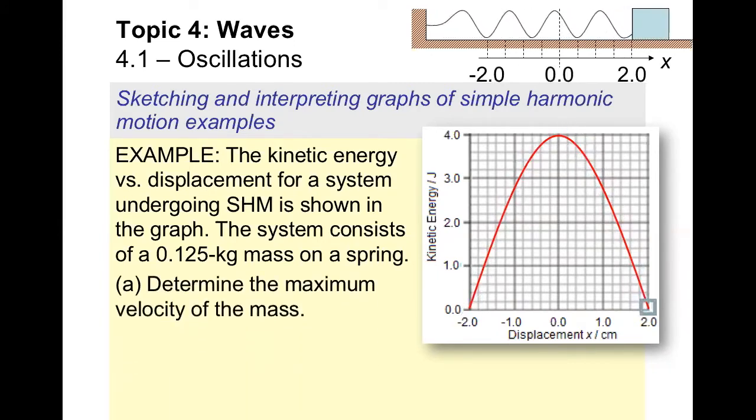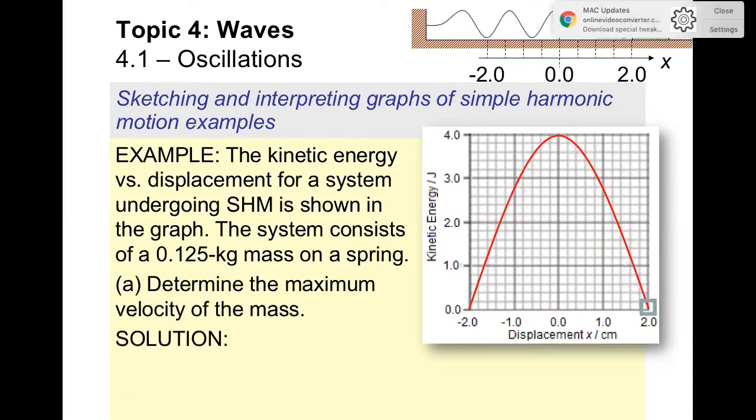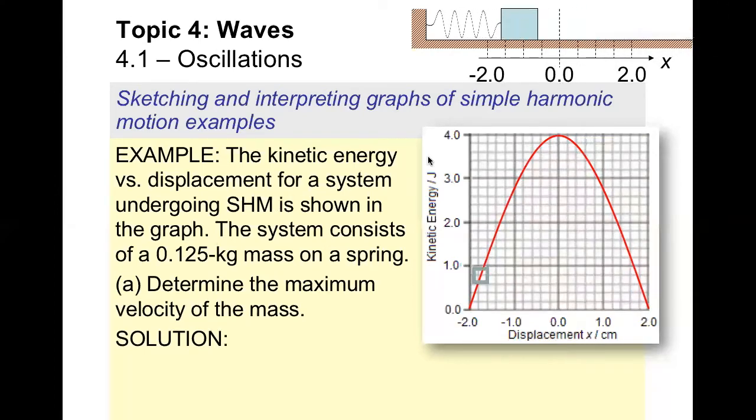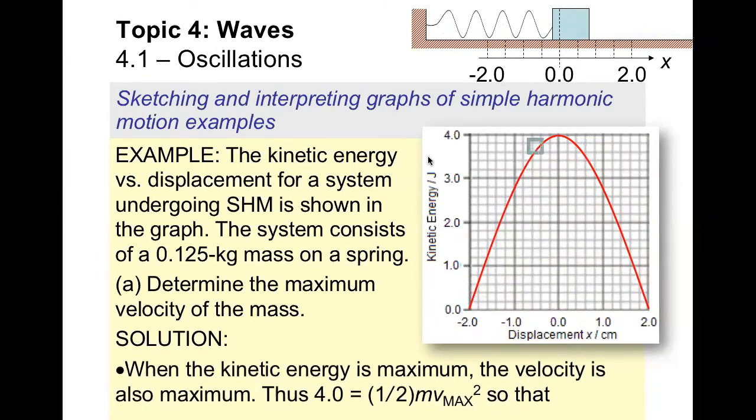Determine the maximum velocity of the mass. So how do we determine that? Of course, we know that the formula for kinetic energy is equal to 1/2 mv squared.